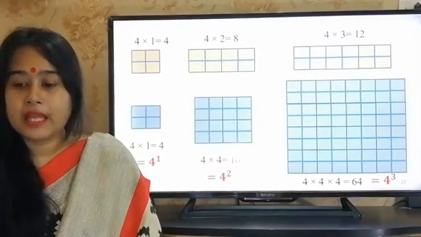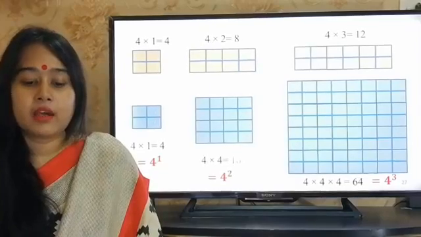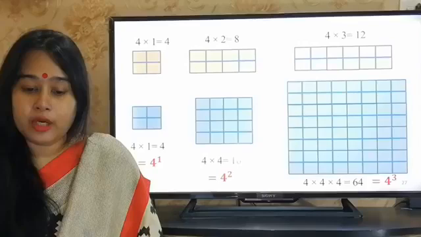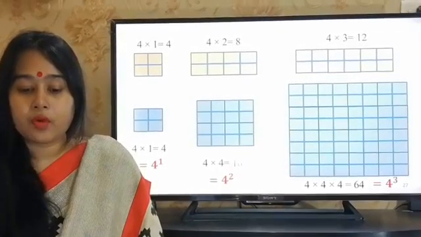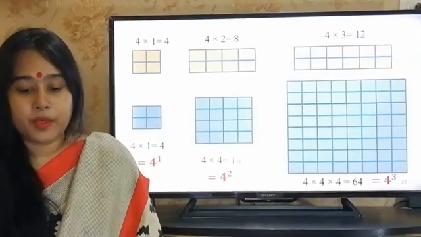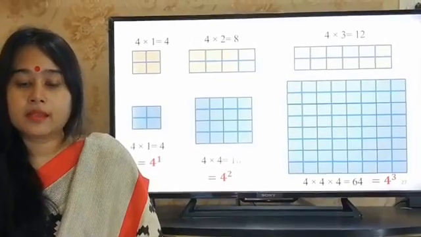That is 12. Here are the 12 boxes. And if you see here, 4 is multiplied one time, or we can express this 4 by exponent, that is 4 to the power 1. Then we got answer 4.